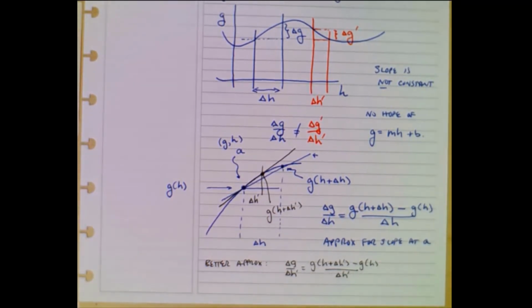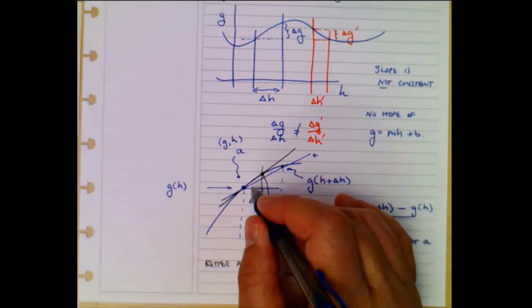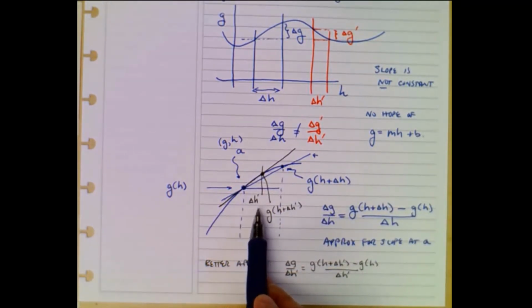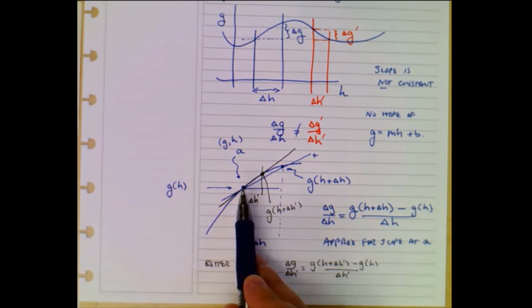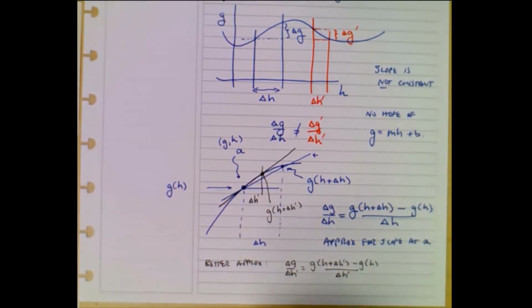Okay, that's a better approximation. It's not perfect, because I'm still dealing with an approximation over this finite interval and not exactly what's the slope at that point.